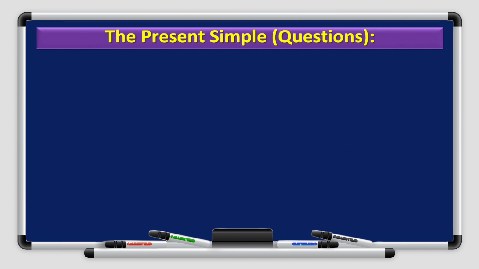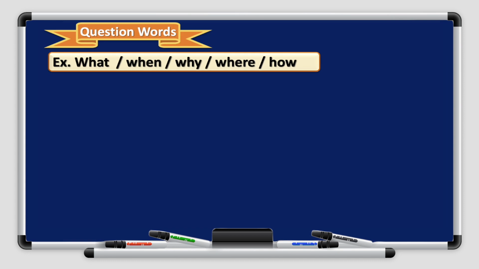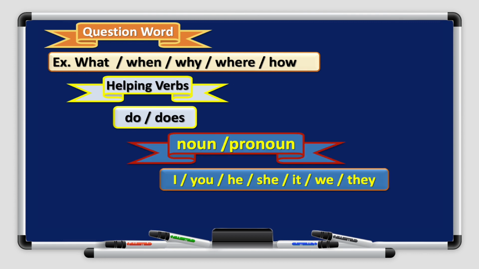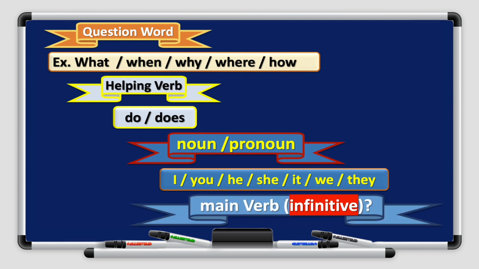Now, I want to form questions with the present simple tense. How do I do that? I start with question words, either what, when, why, where, or how. Then I add my helping verb, do or does, followed by pronouns I, you, he, she, it, we, they. And finally, your main verb, which is the infinitive.